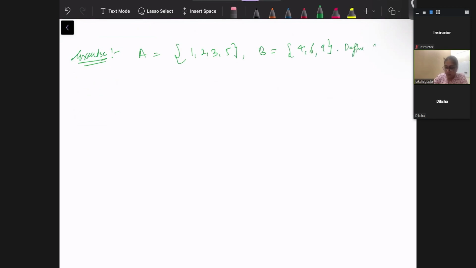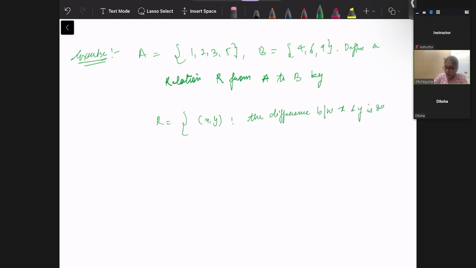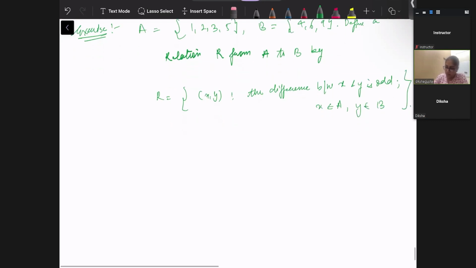Then define a relation R from A to B by R कैसा है? वो सारे x y लेने हैं हमें R में, such that the difference between x and y is odd, and x belongs to A and y belongs to B. Determine the domain, codomain, and range of R.